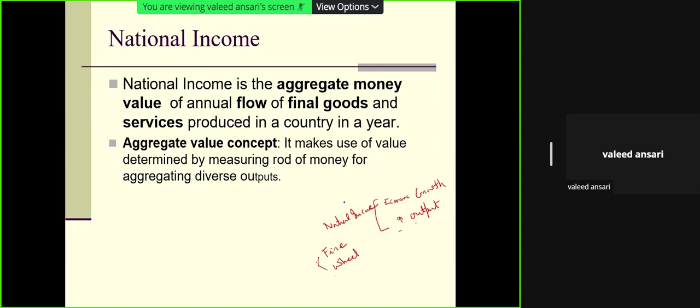Until the development of the scientific method of measuring national income, we did not have any measure to understand how a macroeconomy is performing. Only some crude measures were available.